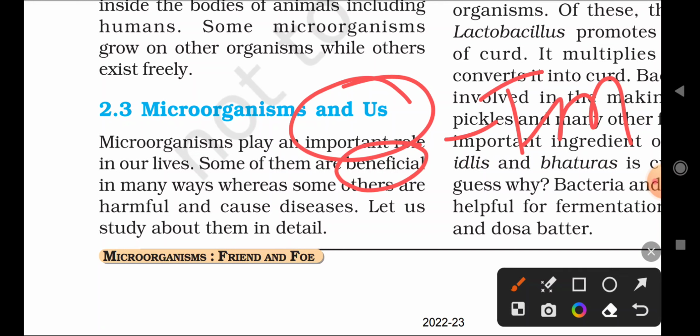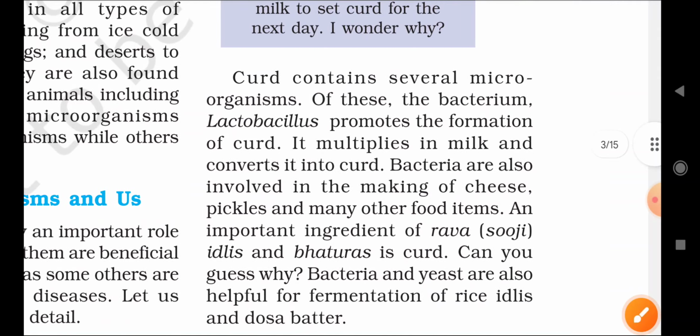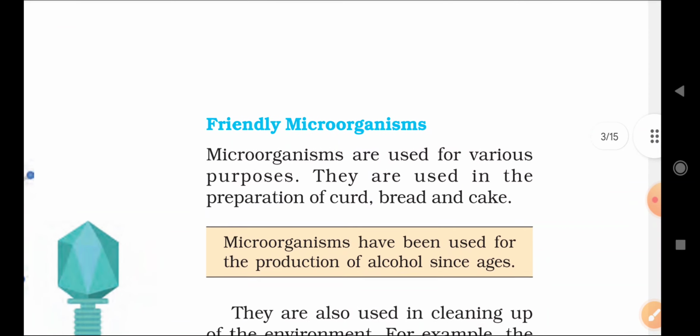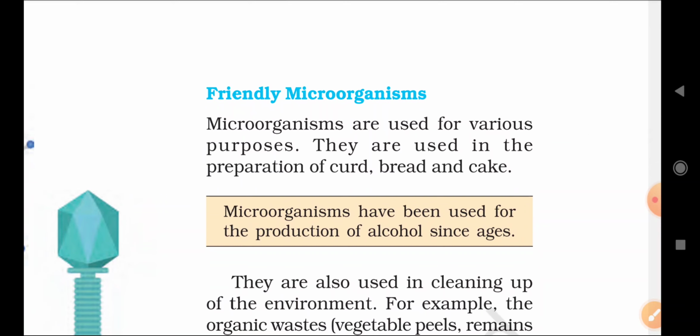And some cause what? Disease. Some organisms help us, and some cause diseases to us. Both possibilities are there, right? We are discussing which ones are helpful and which ones are harmful.